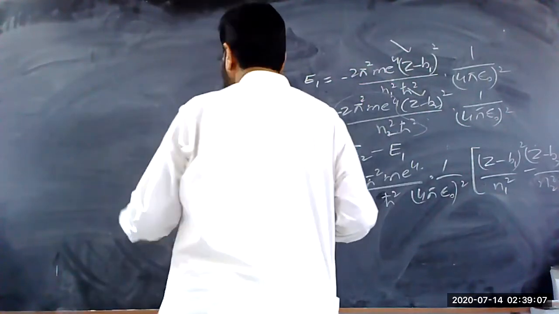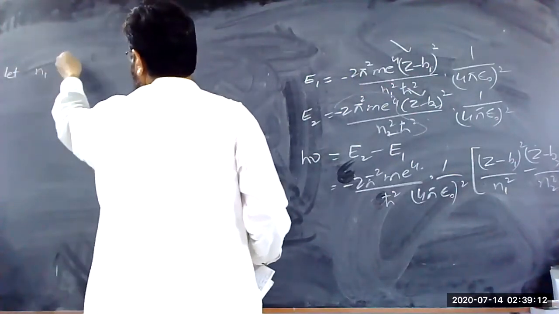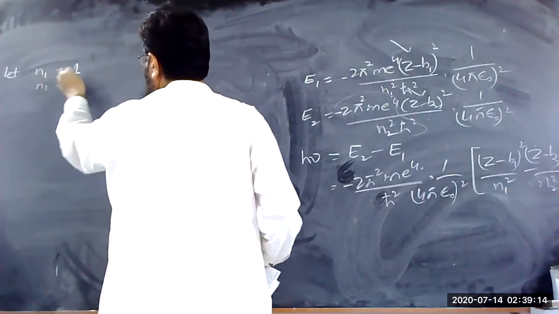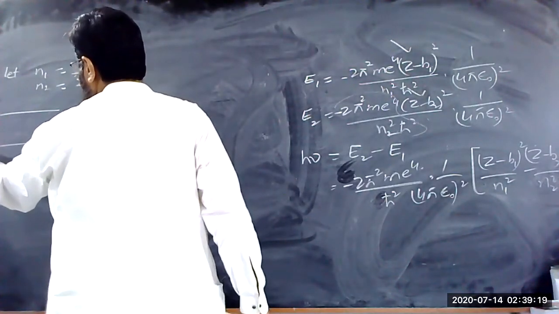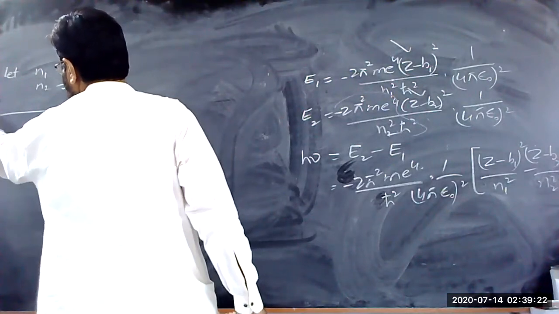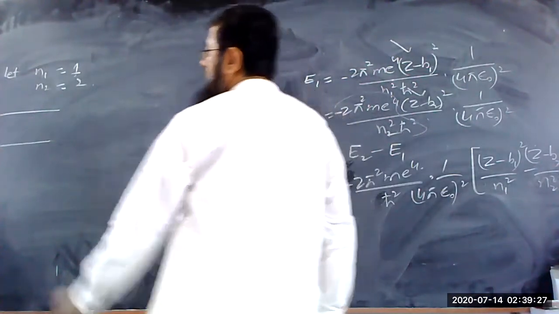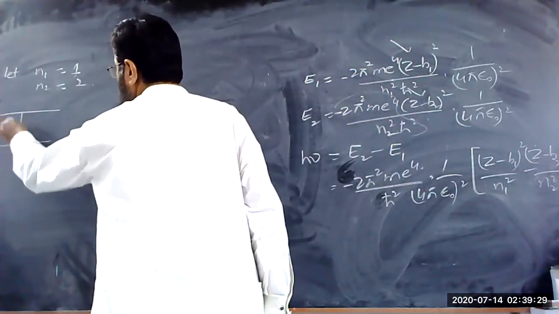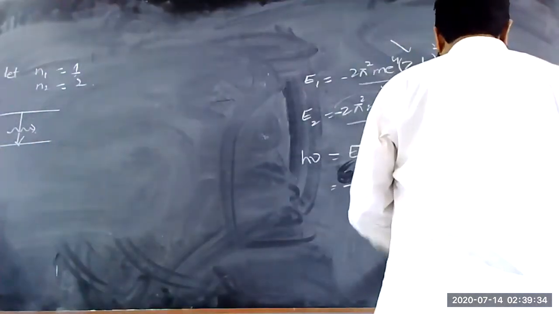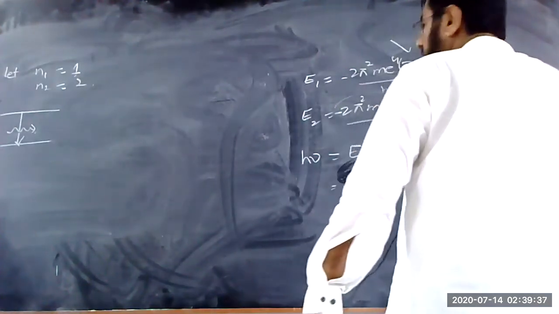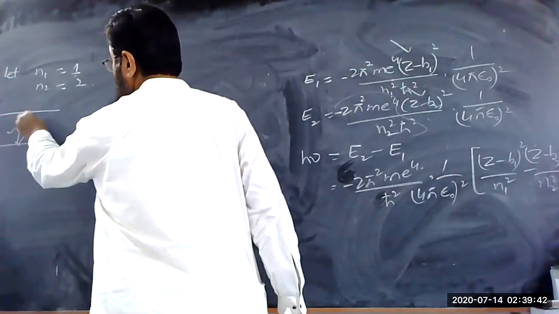So h nu for, let's say, n1 equal to 1 and n2 equal to 2 means the electron jumps from n2 to n1 to emit the photon. As a result, nu is equal to this. This gives you the K alpha series. This is the K alpha series.